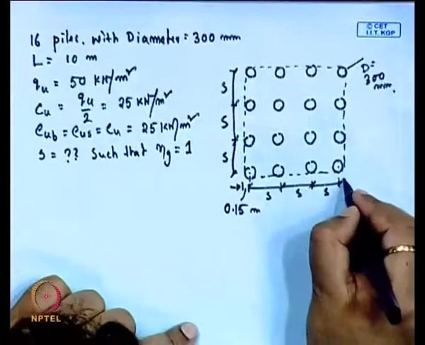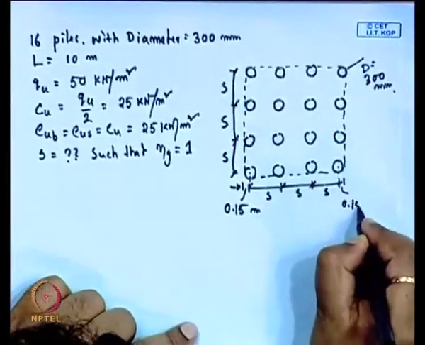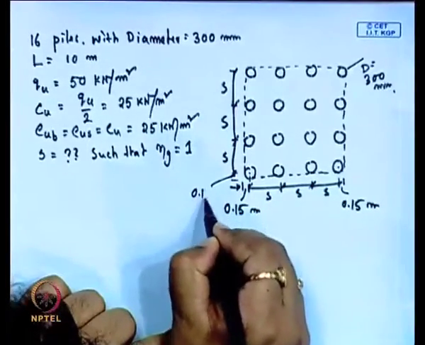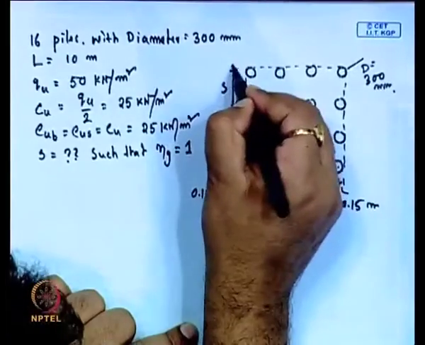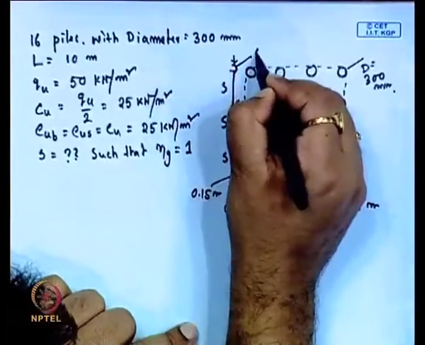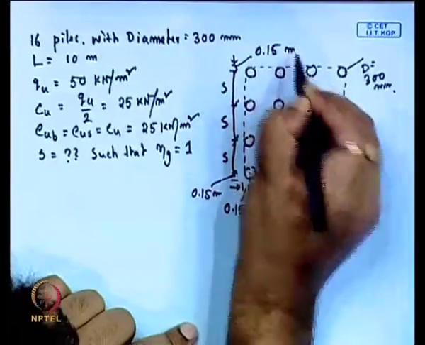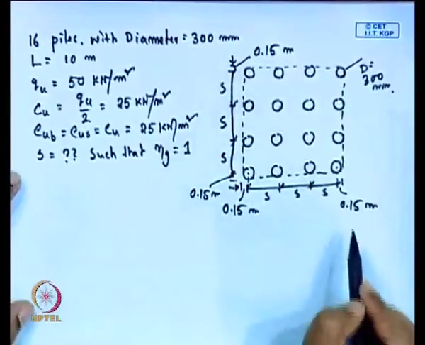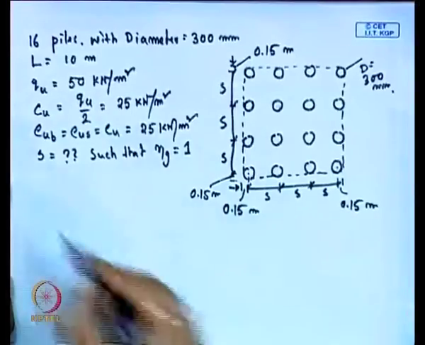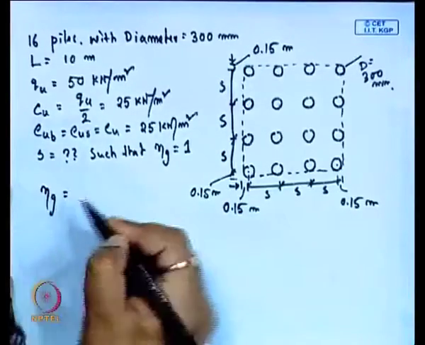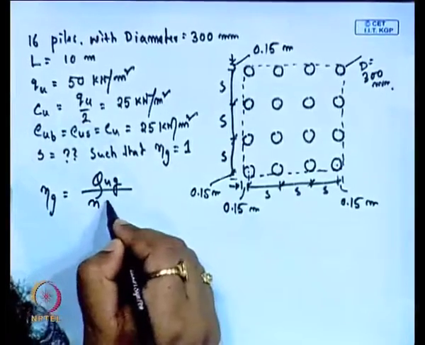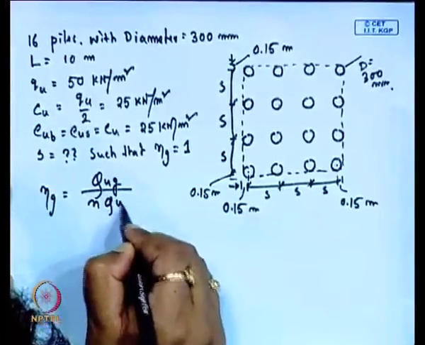Similarly this one is also 0.15 meter, and this one is also 0.15 meter, because the total diameter is 0.3 meter, so half of this is 0.15 meters.